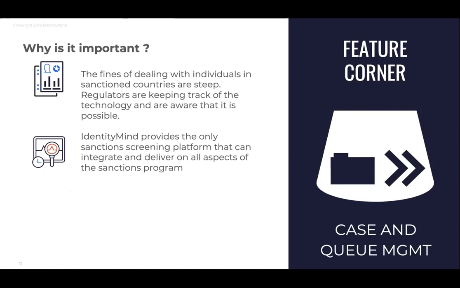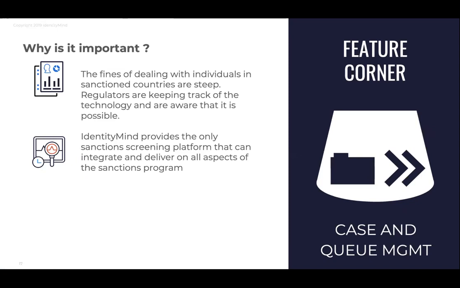All right. Next, why is it important? Very obviously, if you do business with a sanctioned country, you're going to get fined if it's found out. So if you are dealing with virtual currency addresses, you have to have a way to try to determine whether that user comes from a country that is sanctioned.